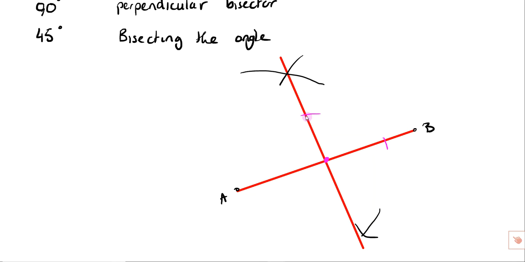I then put my compass on, open it up over halfway, arc, put it on this side, put another arc, then this becomes the 45 degrees. Okay? If I do it again, I will get half of 45 degrees.